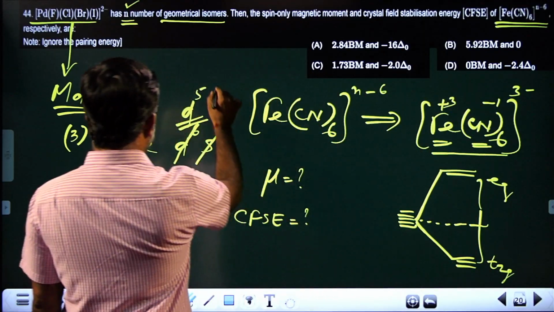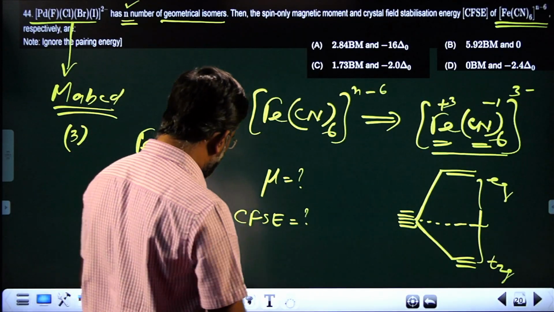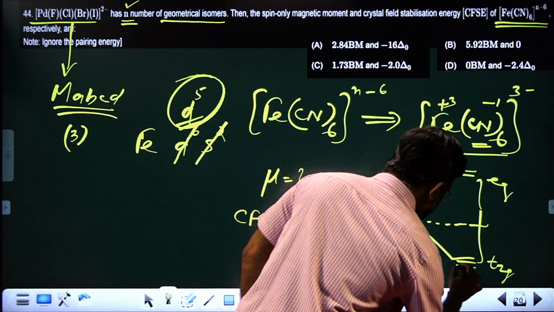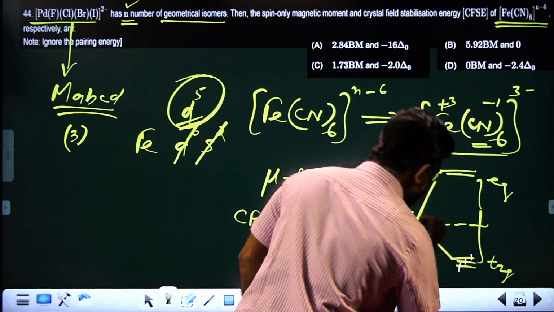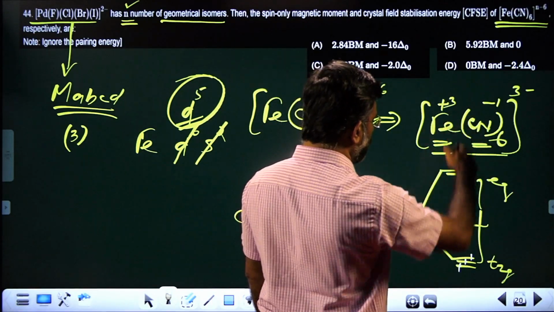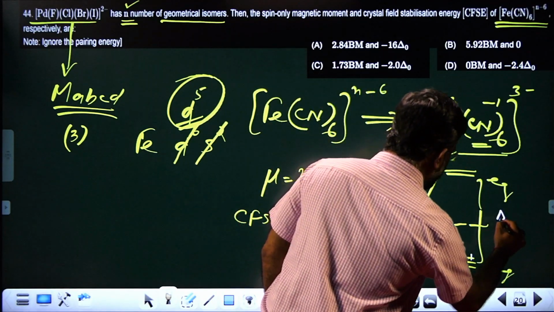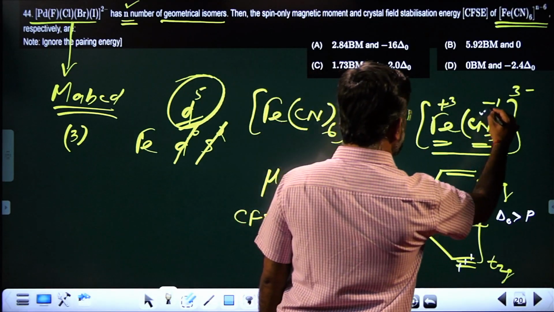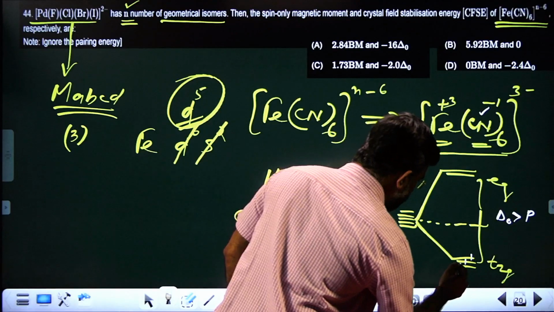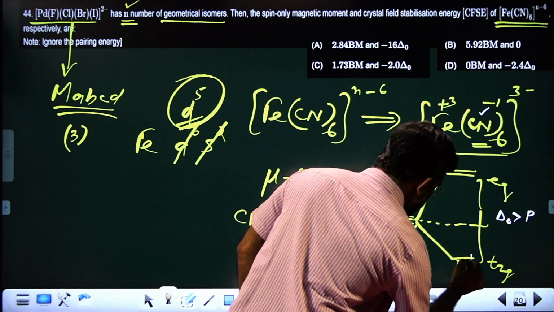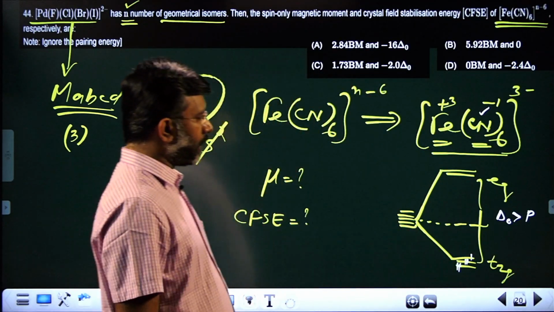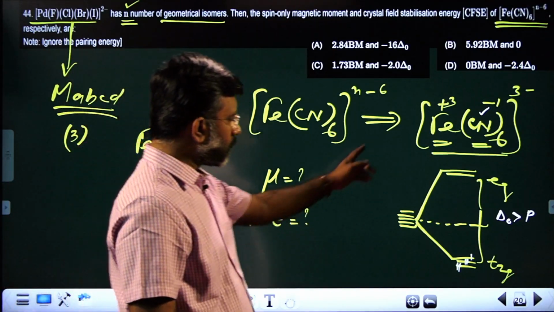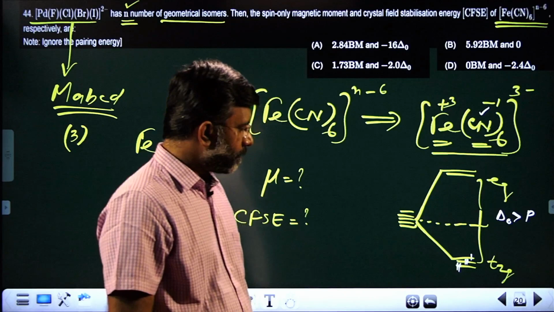Therefore the 5 electron configuration will be filled like so. 1, 2, 3. The 4th electron is unable to jump as delta O is larger than the pairing energy, due to the presence of the cyanide group. So the 4th electron gets paired up. 4, 5. There are 5 electrons present in the t2g orbital.